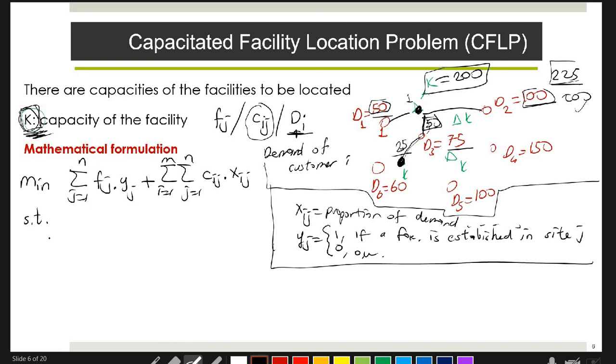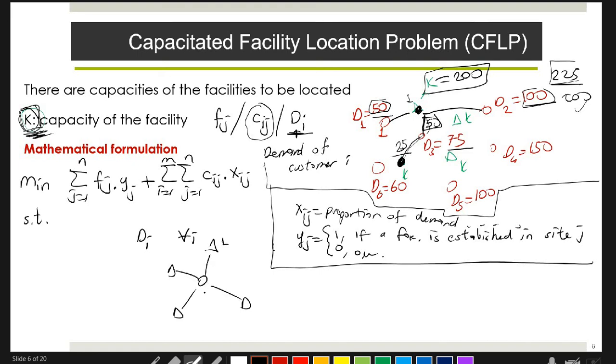Again, we will have similar constraints to the previous model, but some slight changes. Remember, we need to satisfy all demand. Okay, so let's consider this demand of customer I. What is that demand? That demand is Di. Assume this is this customer, and we establish several facilities, and we are sending some items to this customer.